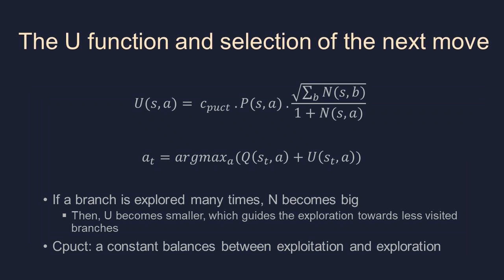Here is the function for U. Roughly, if you see this portion, with N as the denominator, the larger N is, the smaller this portion's value becomes. Okay? During training, if you want the AI to explore more untouched territories, you can amplify this effect by using a larger C. In competition, of course, you can use a smaller C to rely more on the winning probability values.